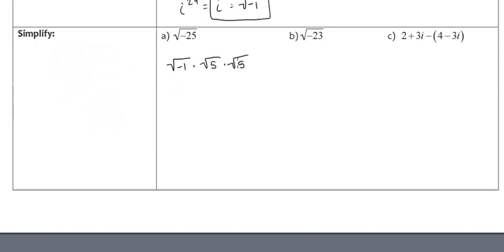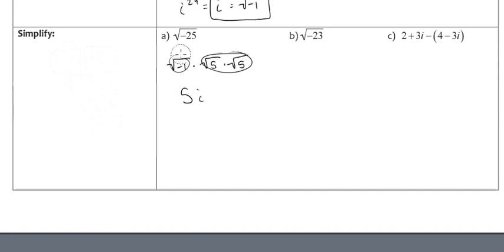And we want to be able to get to this without having to use a tree or a cake or whatever. We want to be able to do this fairly straightforwardly, just realizing that these radicals multiplied together give us the square root of -25. And here we can see that the square root of 5 times the square root of 5 is still our 5, and the square root of -1 is still i.